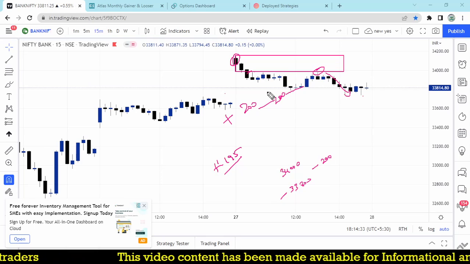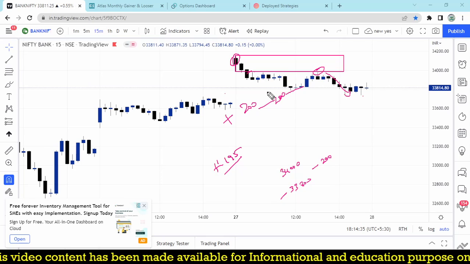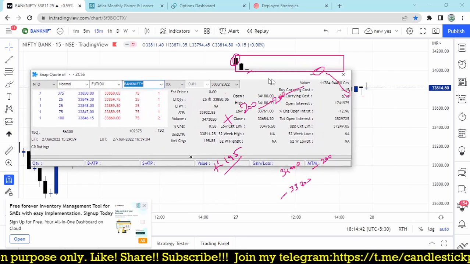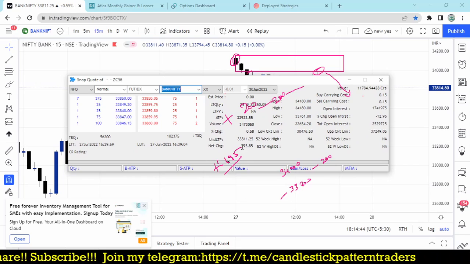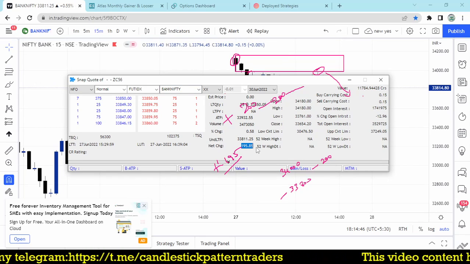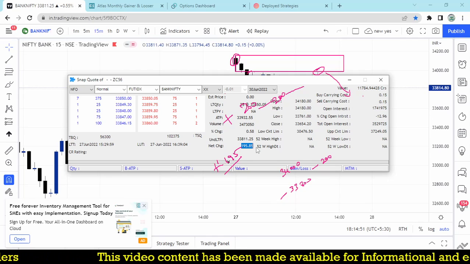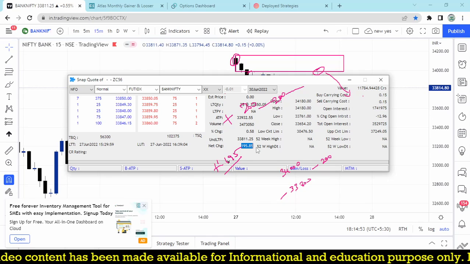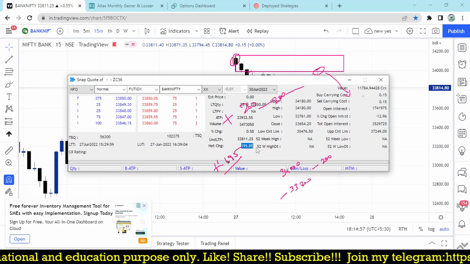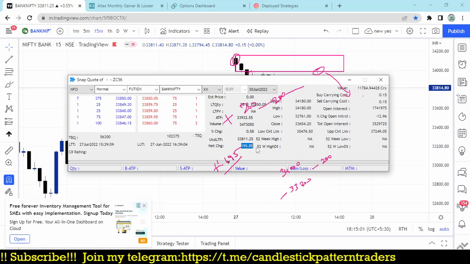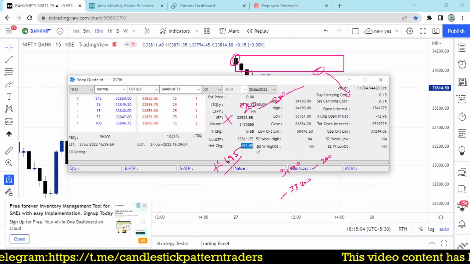If you see from the previous close, Bank Nifty is looking almost 200 points positive, about 195 points positive. That is the net change from yesterday's close to today's close. But if you compare today's open and today's close, it is almost 400 points down.